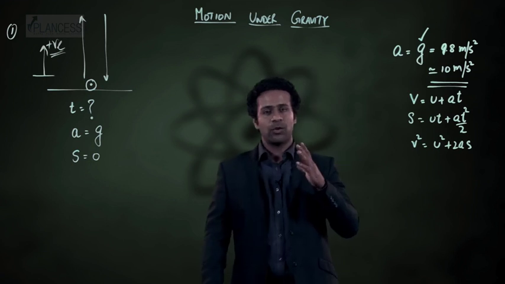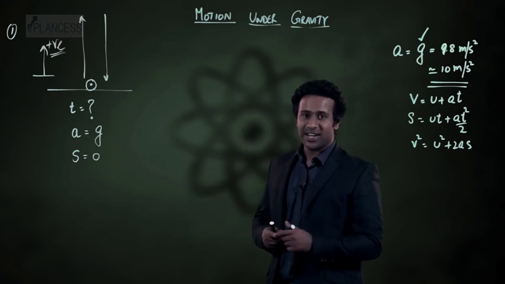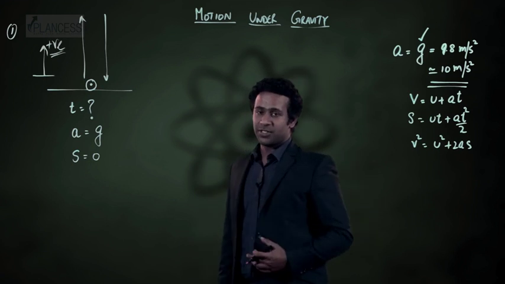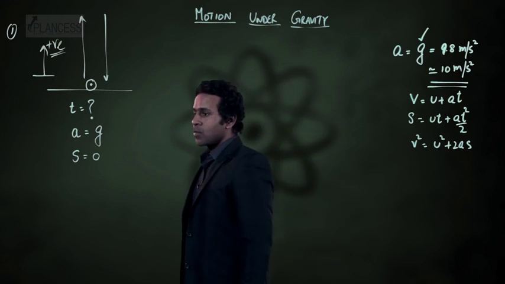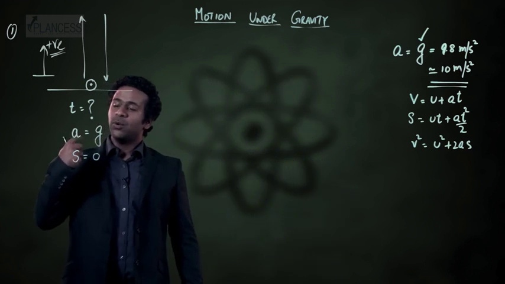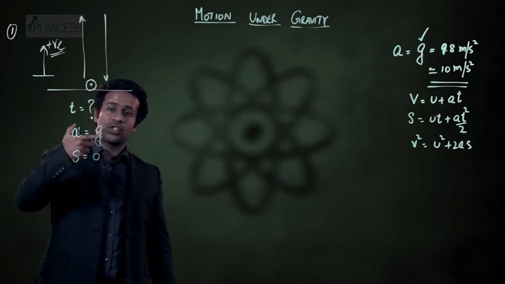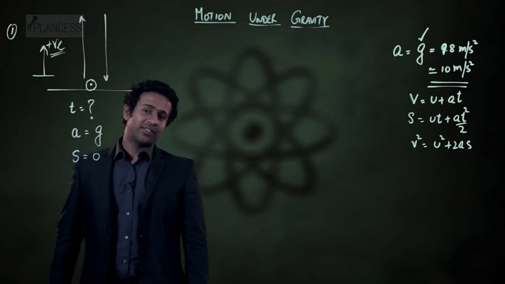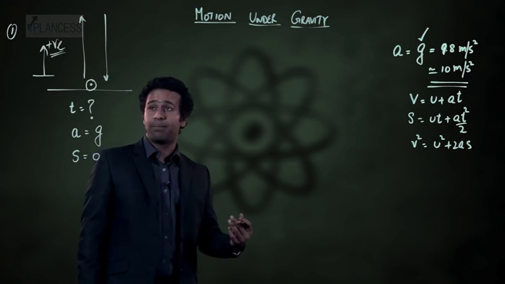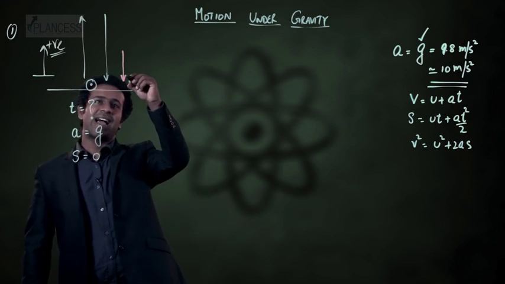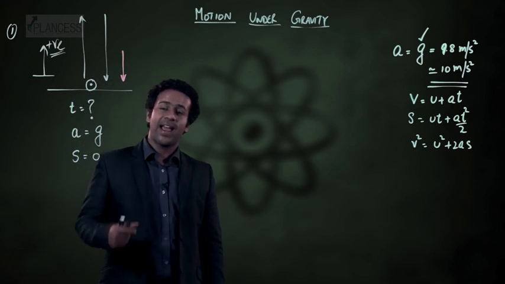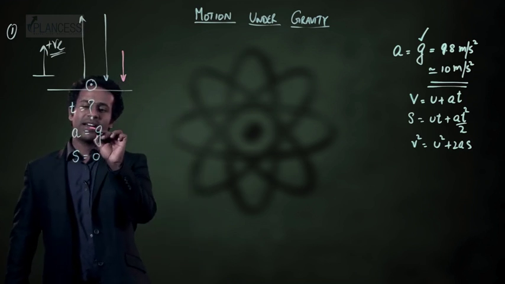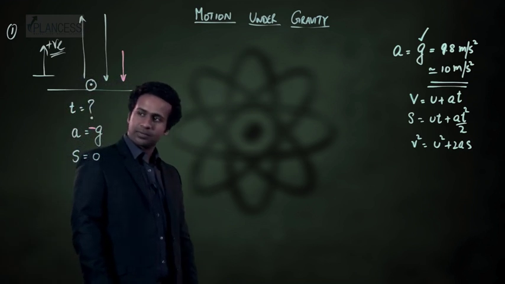But you only have to make sure that you stay consistent with your assumptions. So now, let's focus on the acceleration. Upwards direction is positive, and where does gravity pull? It pulls down, right? So this acceleration is downwards, and hence it will have a negative value.